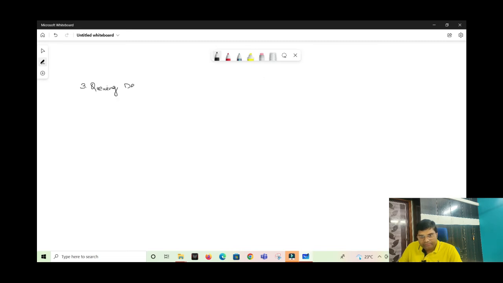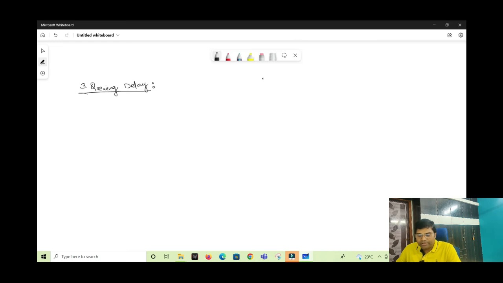Okay, so what is this queuing delay? When the packet is received at the destination, normally it may not be processed immediately. It needs to wait for some time in the queue, that is, in the buffer.